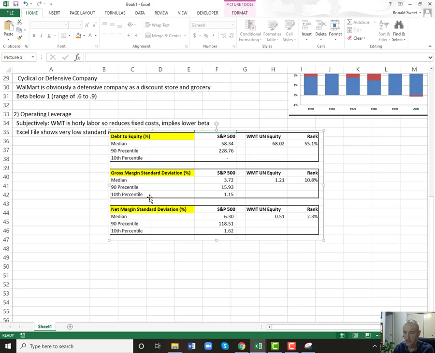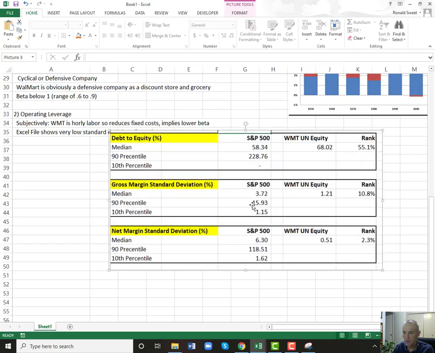This is the standard deviation of their margins. You can see their margins are much more stable than the overall market. 1.21% versus 3.72, and 0.51 even more stable versus 6.3. They rank in the top 10%, even higher on one. They're actually in the top 10% here and just barely outside the top 10% there.